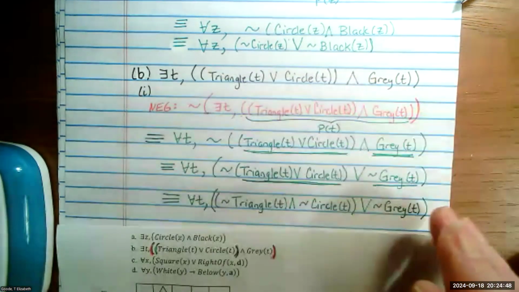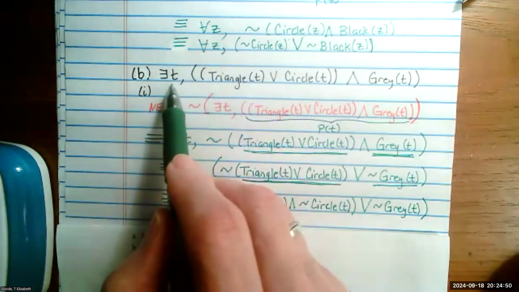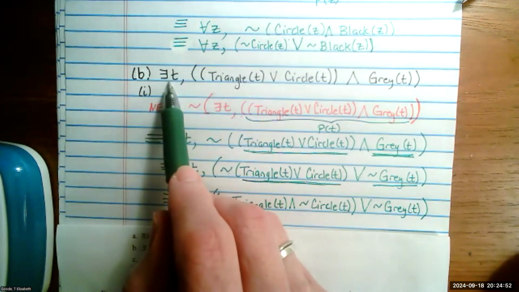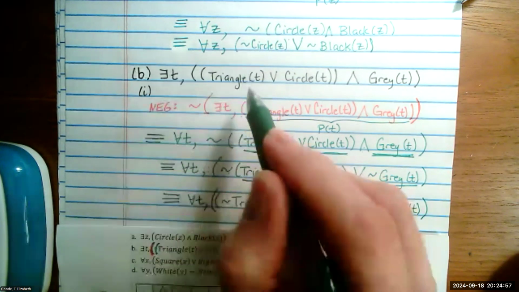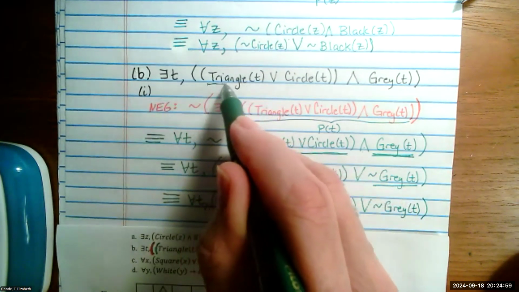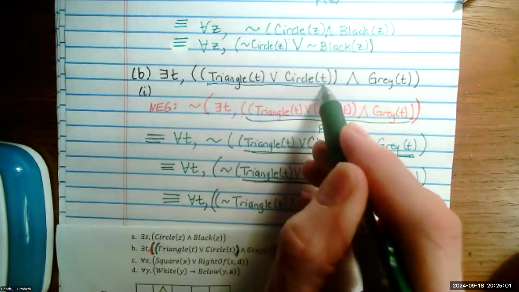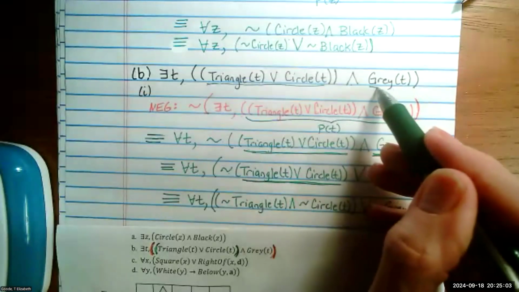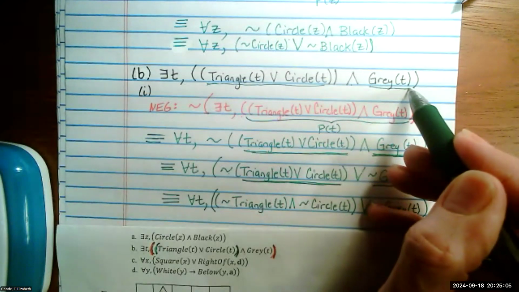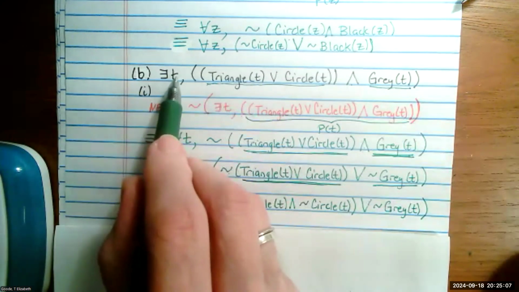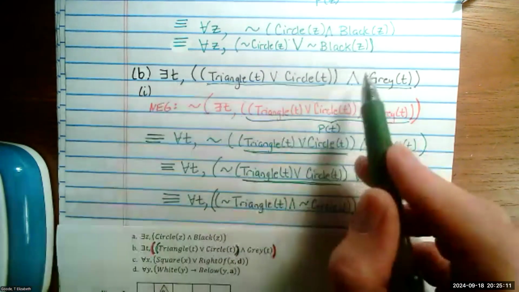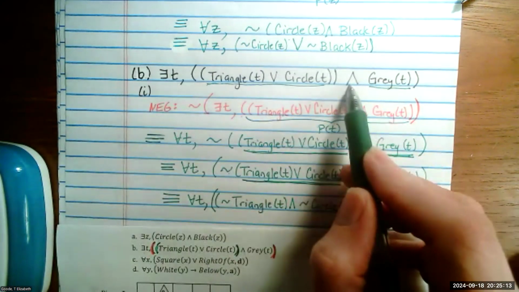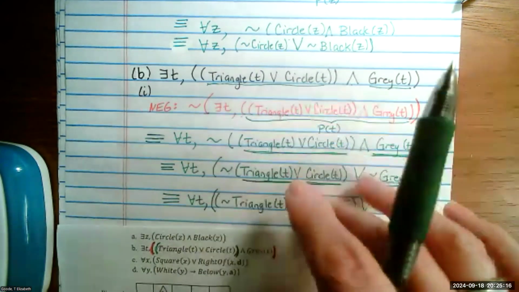The original was a complicated statement. But what it says is that there exists an object T, excuse me, that satisfies this and satisfies that. So we're looking for an object T that is gray and it's either a triangle or a circle.